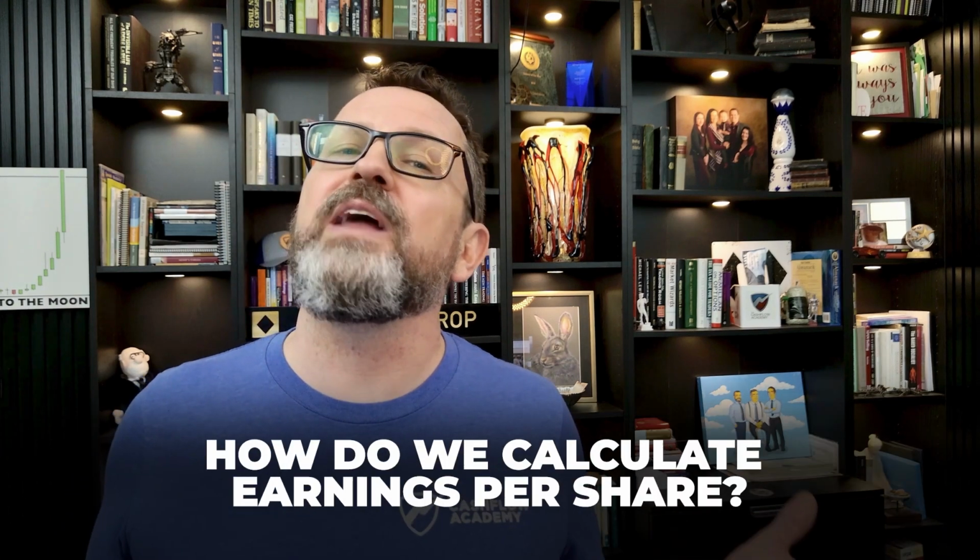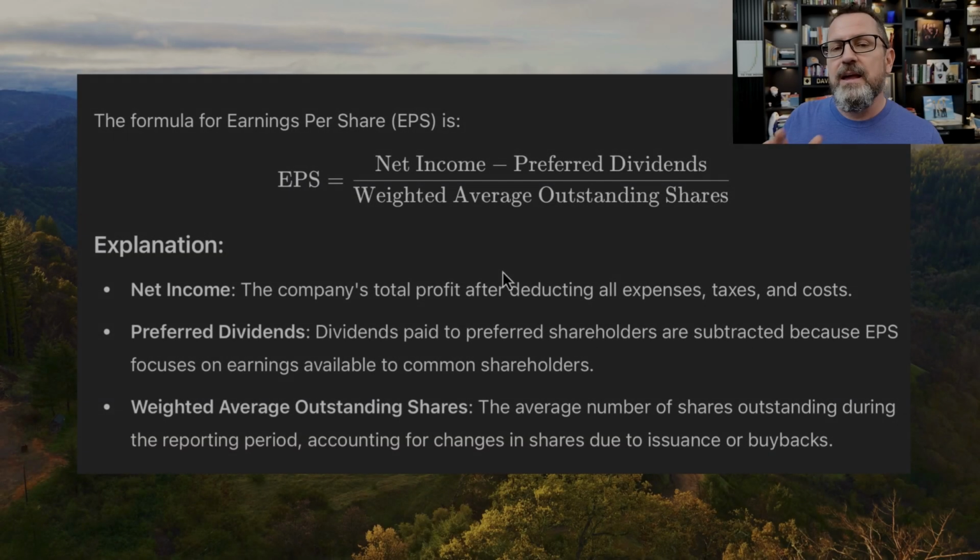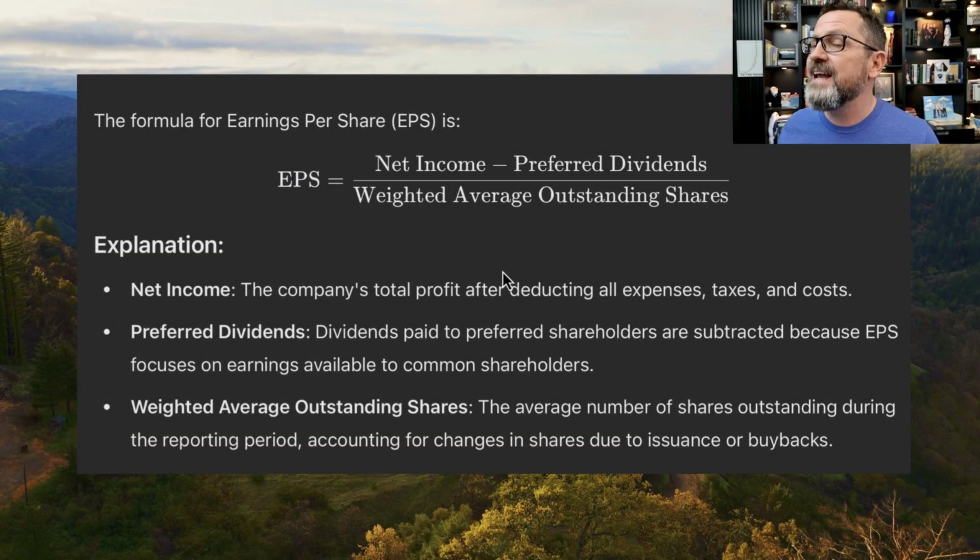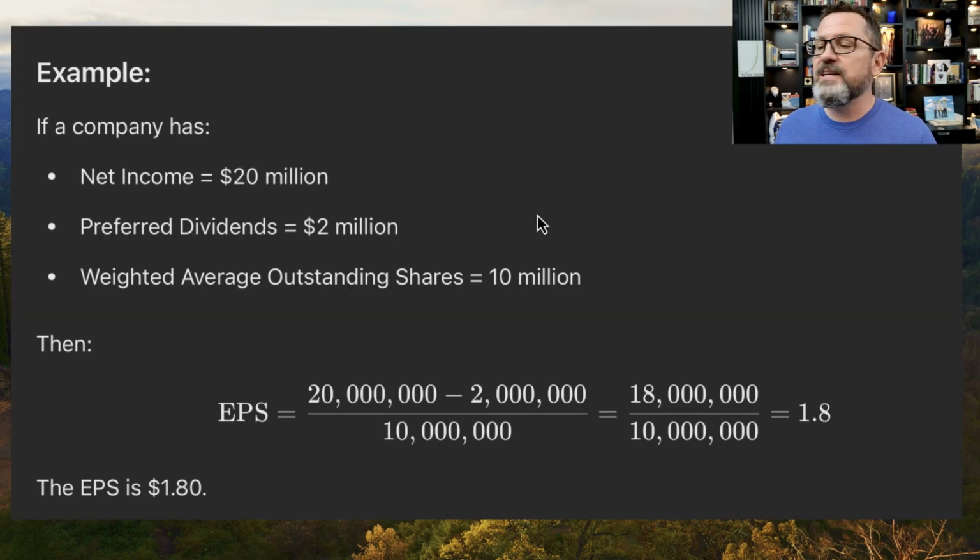How do we calculate earnings per share? The formula for earnings per share is straightforward. Let's break it down. Earnings per share equals net income minus preferred dividends, divided by the weighted average of outstanding shares. Here's an example for you.